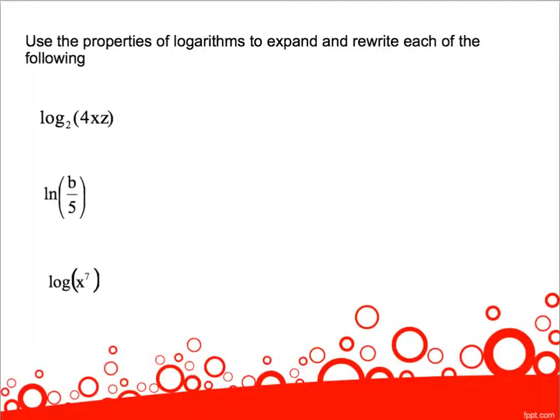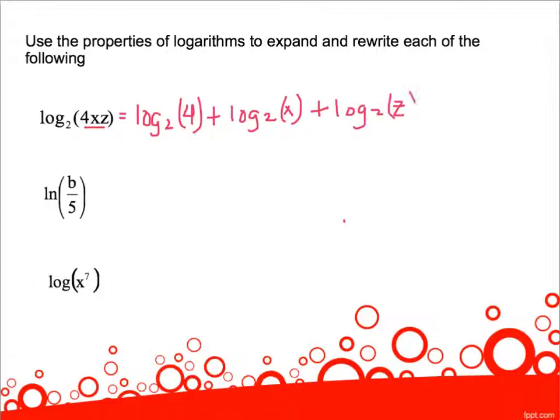So our first problem says we have log base 2 of 4 times x times z. Because this is all multiplication, this breaks down into log base 2 of 4 plus log base 2 of x plus log base 2 of z.